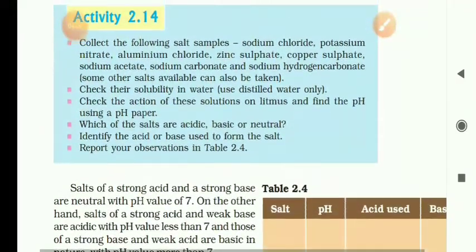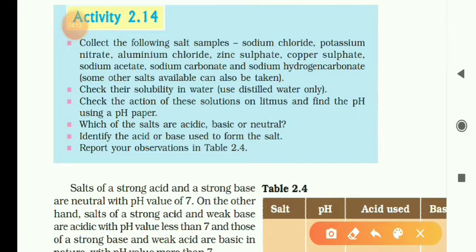Here strong acids and strong base salts are neutral. See, salts which are made of strong acid and strong base are said to be neutral, whose pH value is 7.